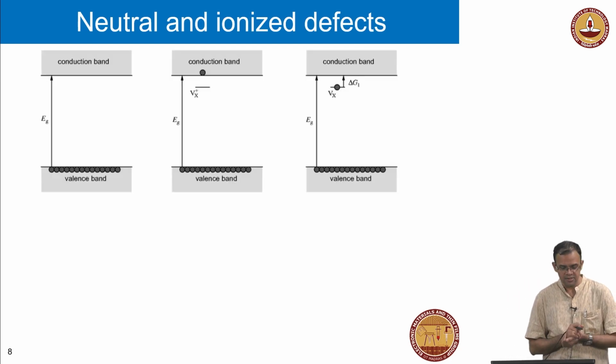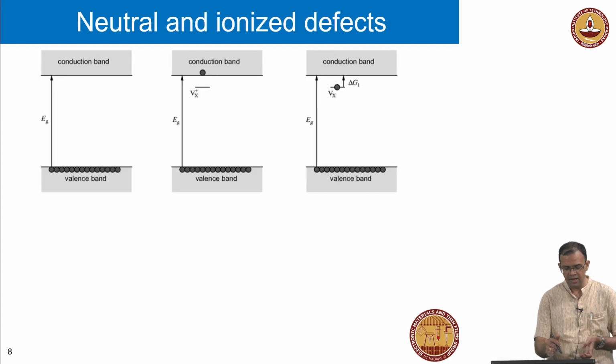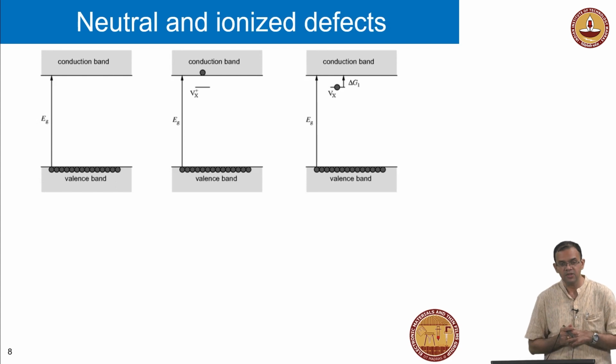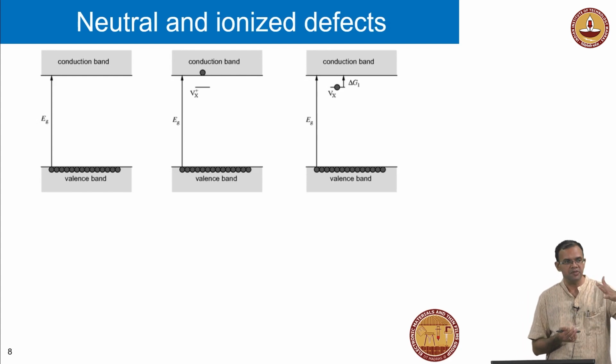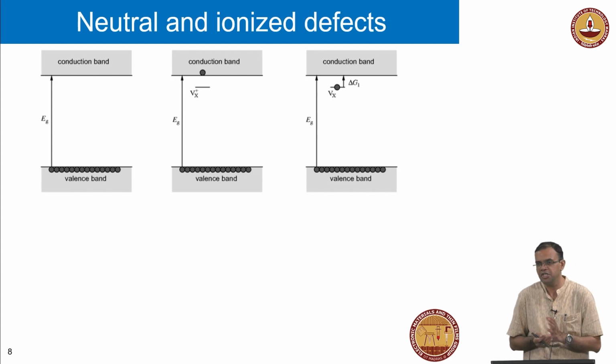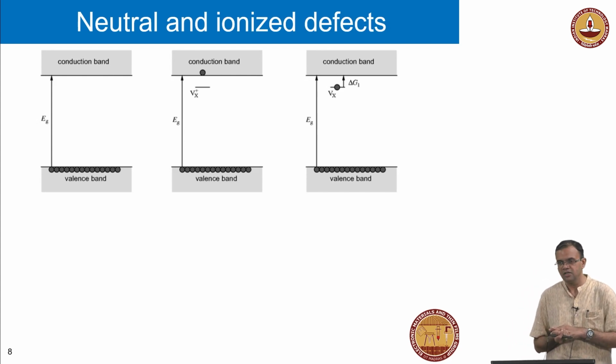So just to give an example, let us say I have a perfect semiconductor. So I have a valence band, I have a conduction band, I have some Eg. We already saw that if Eg is very large, then the intrinsic carrier concentration is going to be small. So if I have a metal oxide with Eg as say 3 electron volts or more, the intrinsic carrier concentration in your oxide will be very small, there won't be any conductivity.